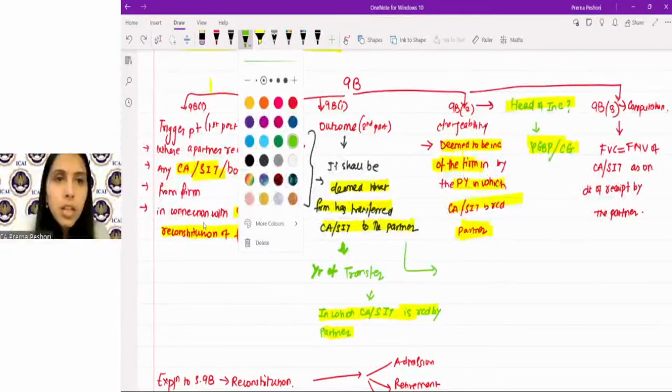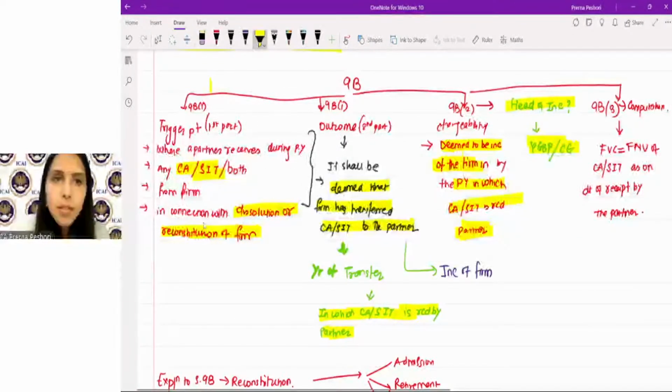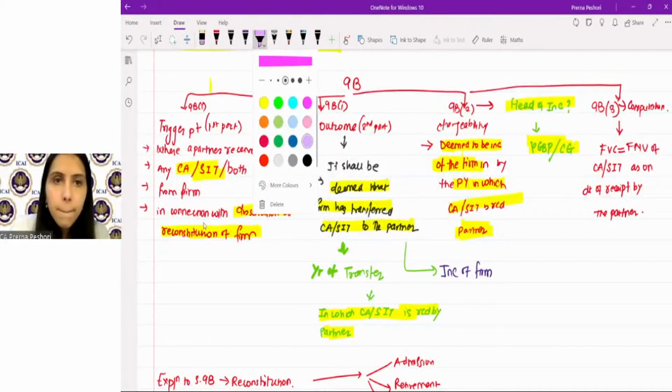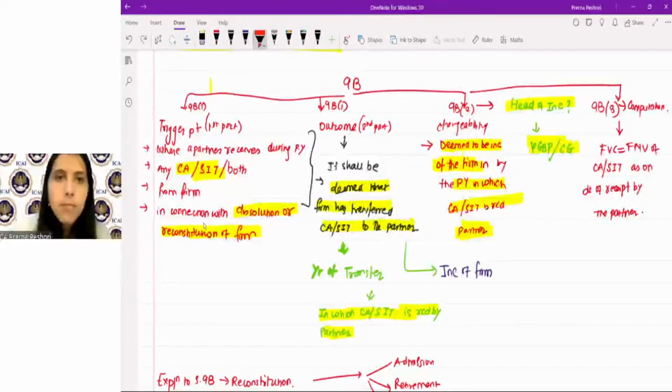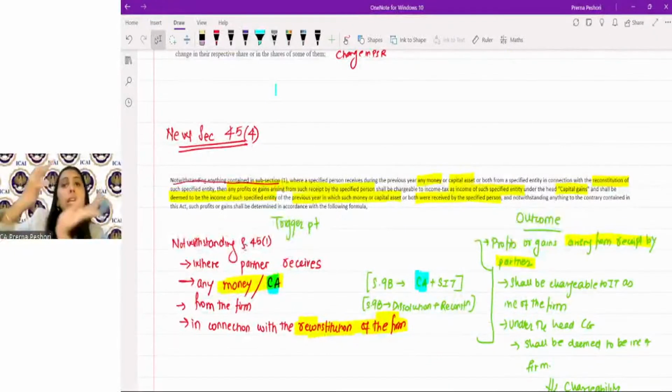So under 9B, this is the income of the firm. Are we clear? But under 45.4, it says profits or gains arising from the receipt by the partner. When the partner is receiving money in excess of his capital contribution, the partner has contributed capital, either when getting admitted or earlier, before retiring.